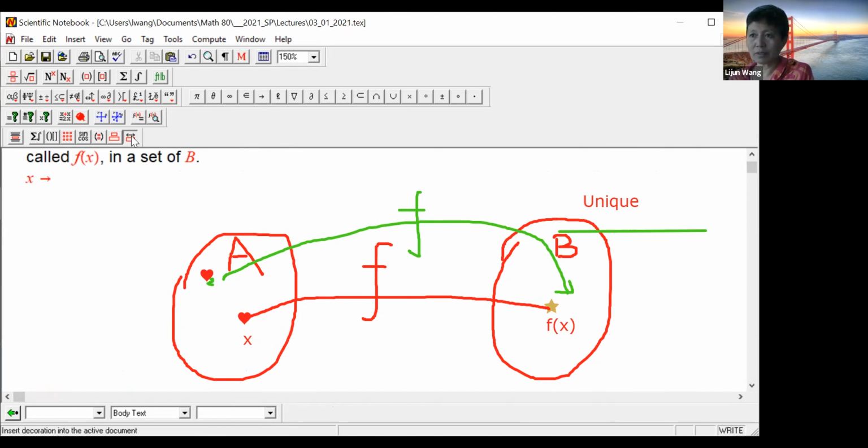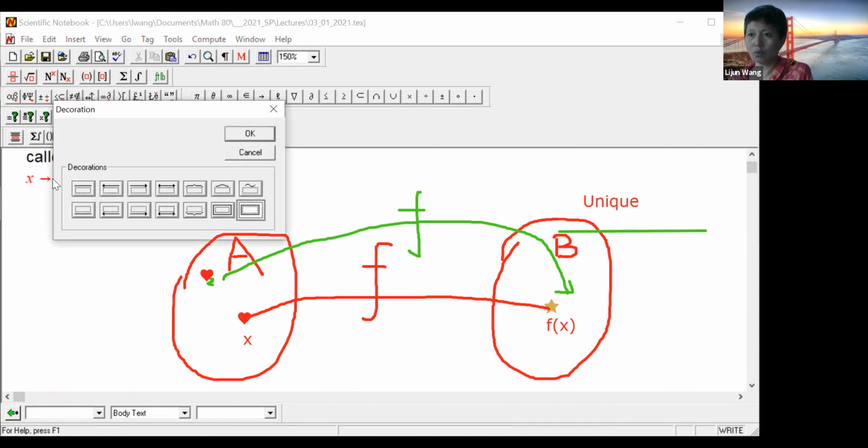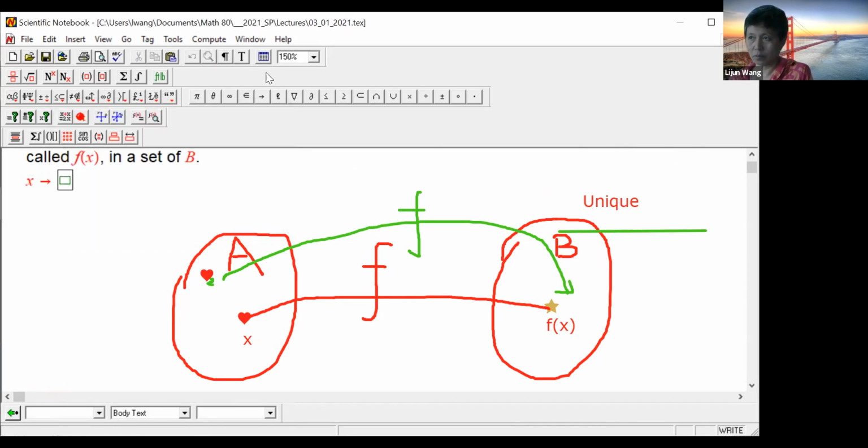The input is given to this rule or a machine. Okay, you can view it as a machine, and this machine is called a function. So this function takes the input x, it produces an output, and this output is f of x.